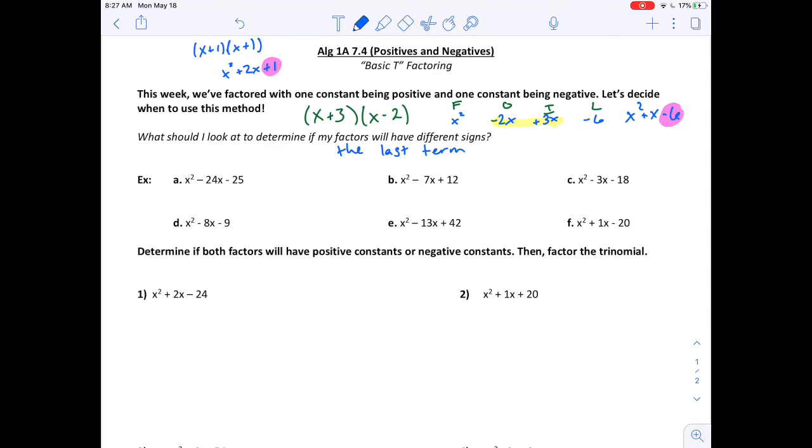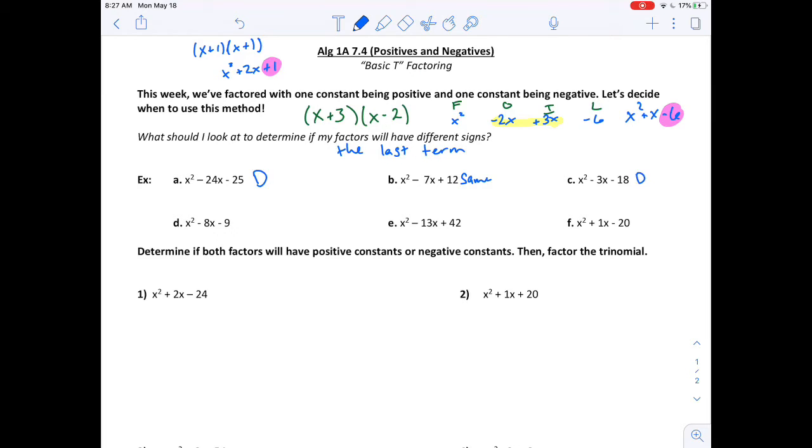All right, so let's decide if I have different signs. Here I've got a negative last term, so yes, these are different. Here I have a positive last term, so same.